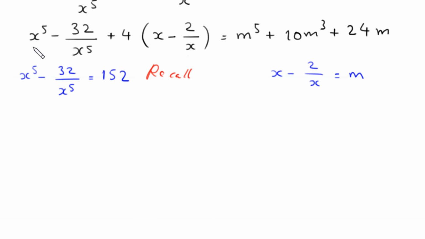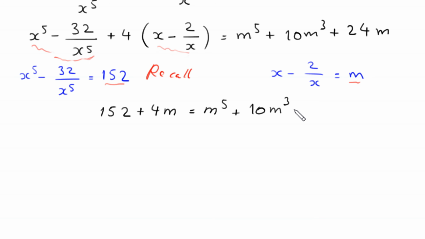So we replace this x to the power 5 minus 32 over x to the power 5 with this 152, and we replace this x minus 2 over x with this m. So this will become 152 plus 4 times m is equal to this expression m to the power 5 plus 10 m cubed plus 24 m. Now we subtract 152 and we subtract 4m from both sides.